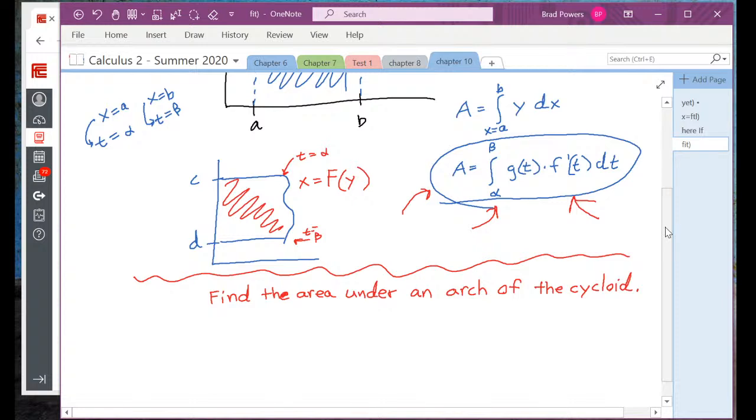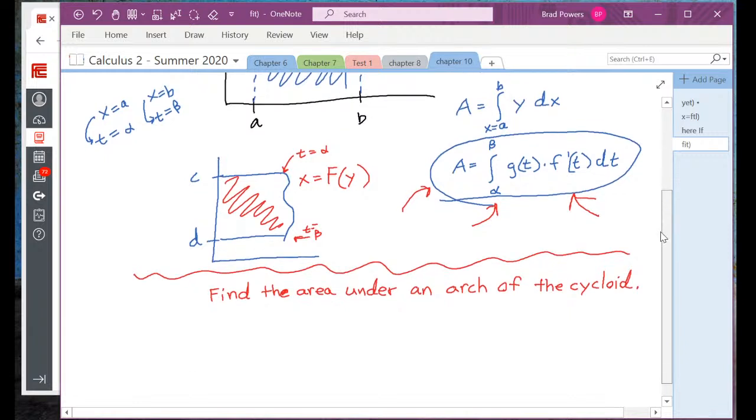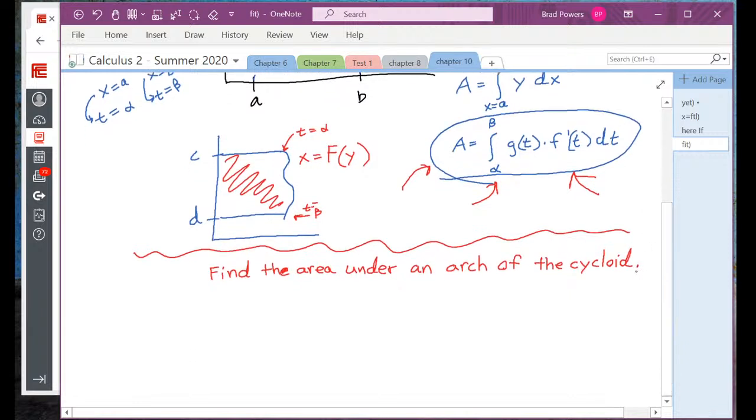But I'll leave that up to you. Okay? Because there can be a lot of memorizing in this chapter, or there can be a ton of memorizing in this chapter. So find the area under one arch of the cycloid. Well, let's see. The cycloid was x equals r times theta minus sine theta. And y is r times 1 minus cosine theta.